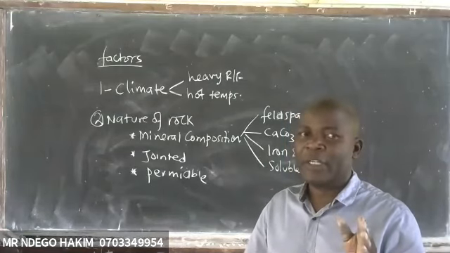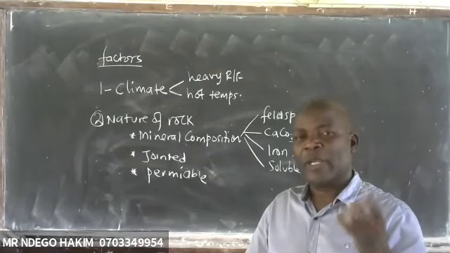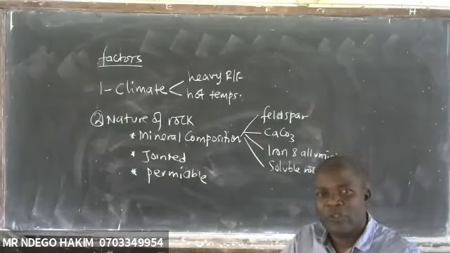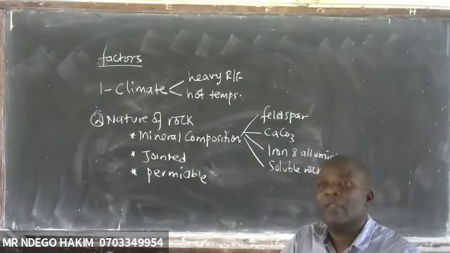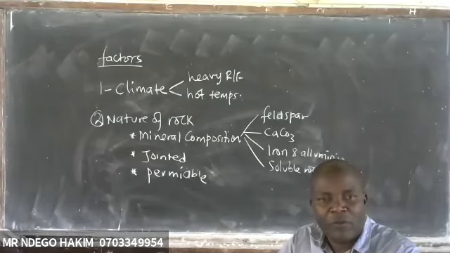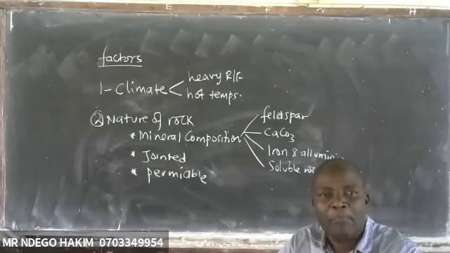So, as far as climate is concerned, we are not looking at hot temperature resulting in expansion and contraction, but we are saying hot temperatures accelerate the rate of chemical reactions, leading to carbonation, oxidation, hydrolysis, and hydration.